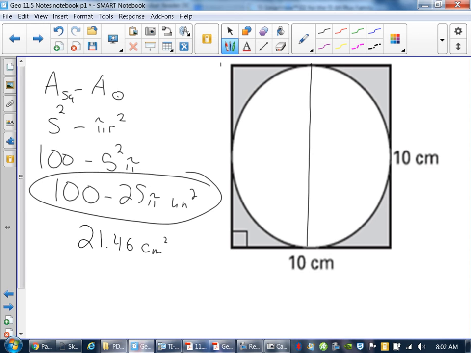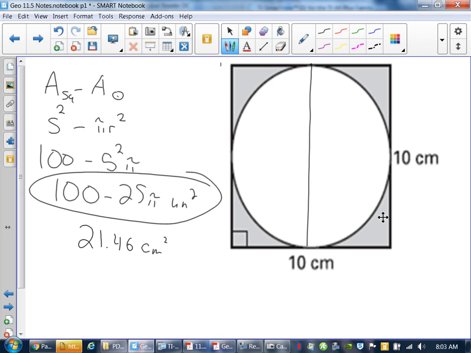So depending upon what the instructions say to do, it might say leave it as an exact answer, or it might say round to the nearest hundredth.